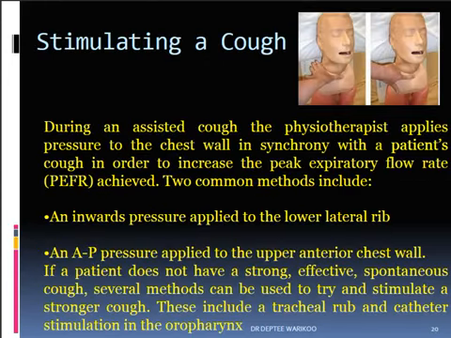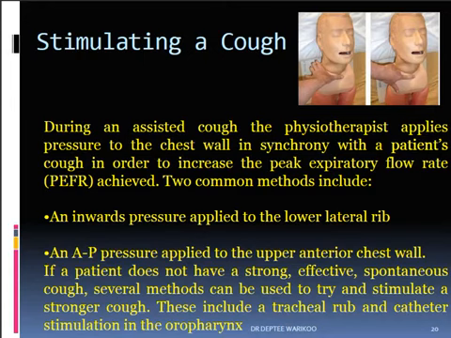Then you have to do a few techniques along. One could be stimulating a cough. During an assisted cough, the physiotherapist applies pressure, which you can see in the diagram, to the chest wall in synchrony with the patient's cough in order to increase the peak expiratory flow rate, that is PEFR.